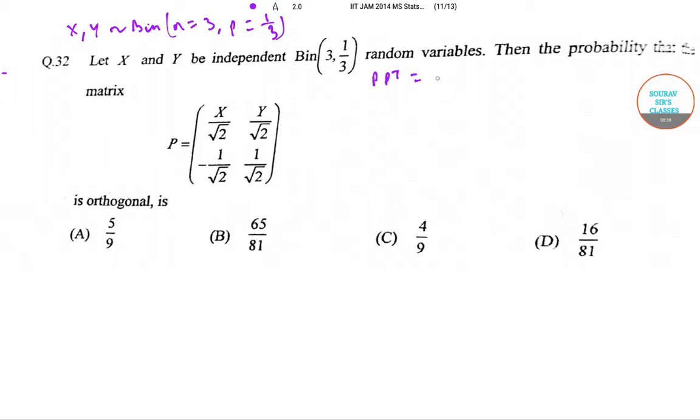P transpose P is equal to I, where I is the identity matrix. So over here, the matrix has rows x by root 2, y by root 2, and minus 1 by root 2, 1 by root 2, and then we take the transpose of this matrix.